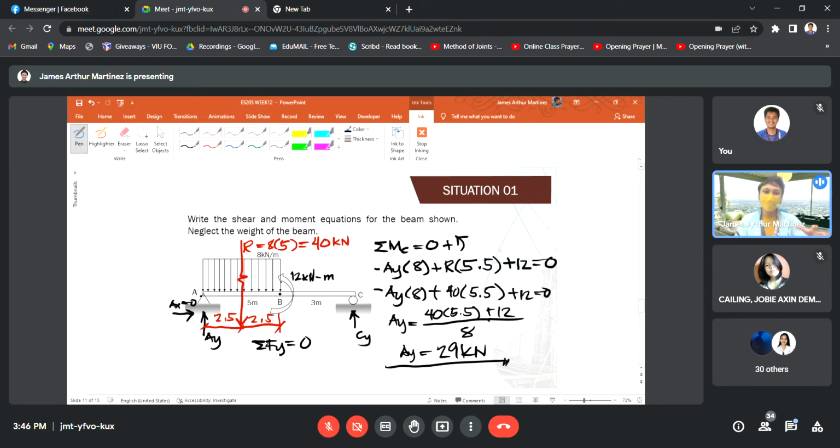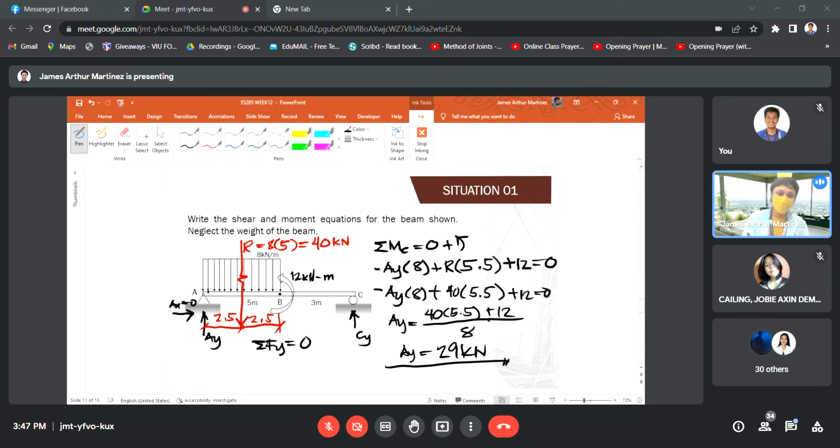Actually, class, when solving for our reactions, it is much safer if you use the summation of moments. In this case, we already solved for AY, and our way of calculating CY is the summation of vertical forces. So this equation depends on the result we computed for AY. What if your computed reaction at AY is wrong? Then your reaction at CY will also be wrong, and it becomes a domino effect for the rest of your solution.